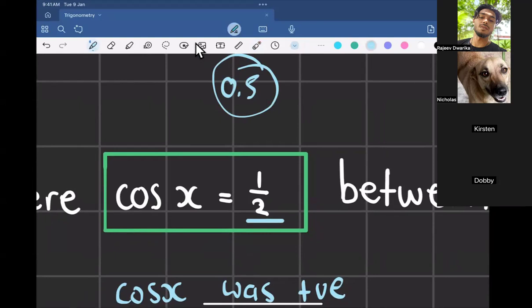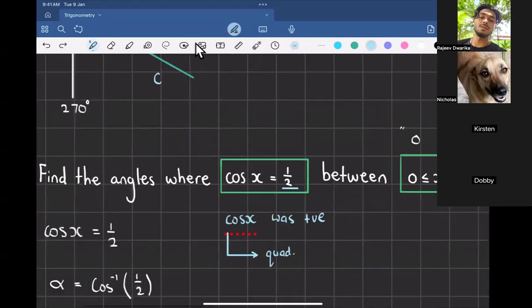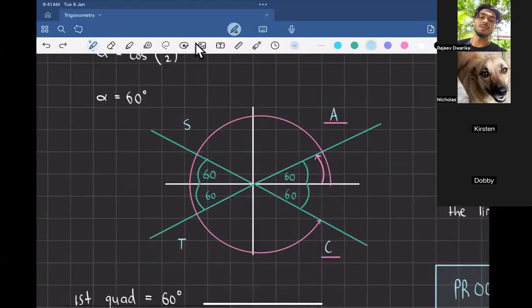Positive, right? So if a half is positive, which quadrants does my answer exist in? Where is cosine positive? In the first quadrant, everything is positive. In the second quadrant, only sine is positive.